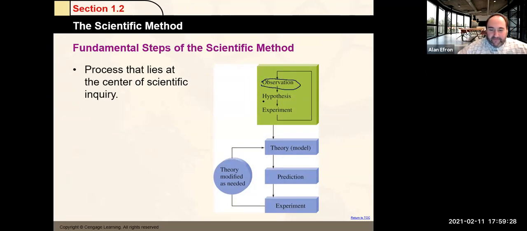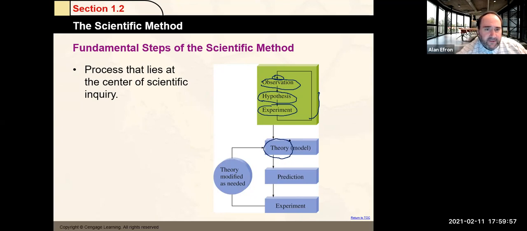Again, we have our observations, we come up with a tentative testable explanation, run some experiments, and we circle back around here, and we hit more observations, which leads to more and more studying. At some point, though, it can get itself into some type of theory that could come about from these experimentations.